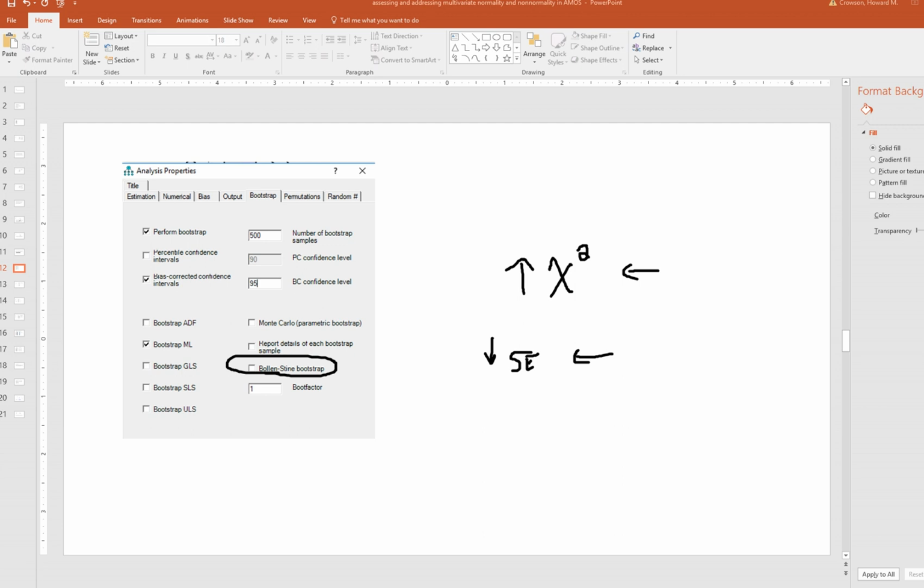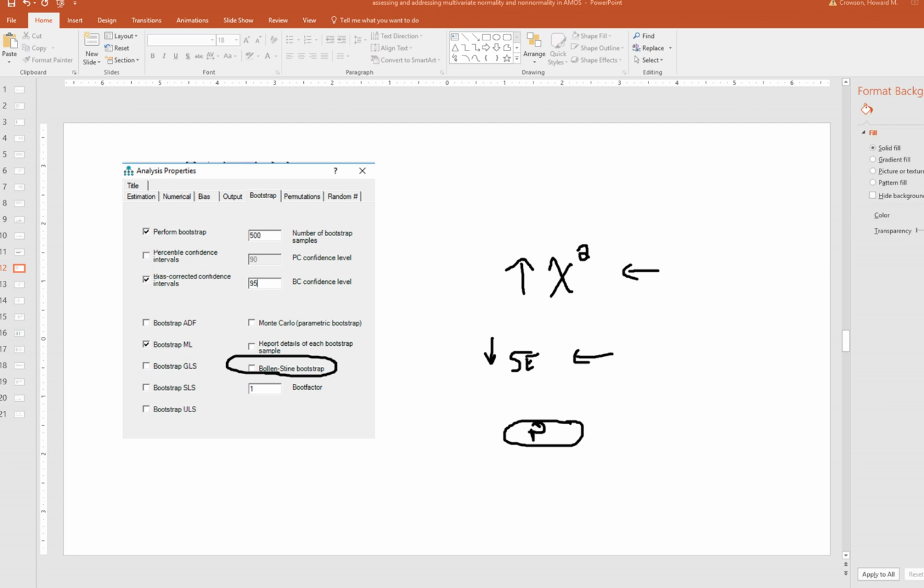Keep in mind that bootstrapping essentially involves taking repeated random samples from your data. The sampling is with replacement, and the idea is we generate a new sample that is of the same size as your original sample. We compute our test statistics and our parameter estimates from the bootstrap sample, treating our sample data as a sort of pseudo population.